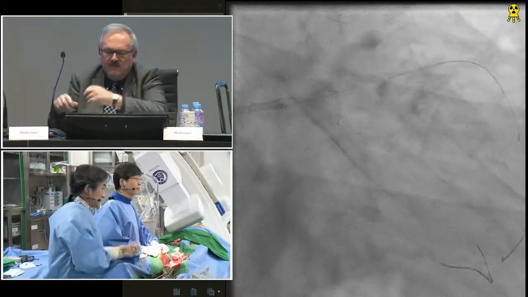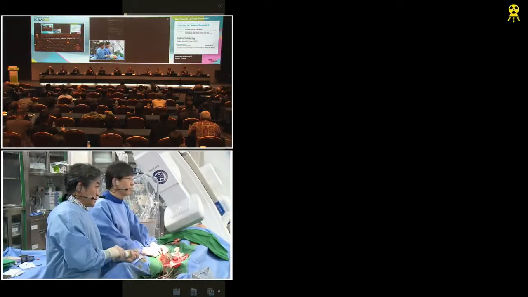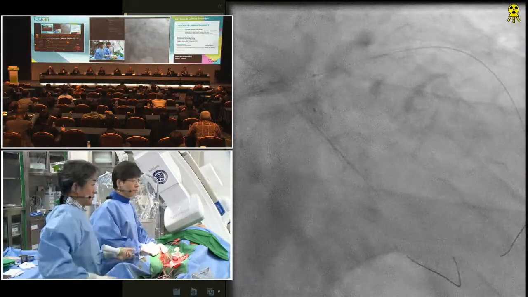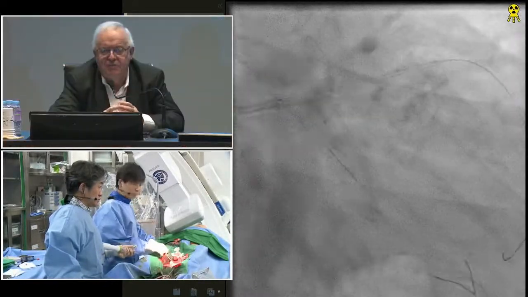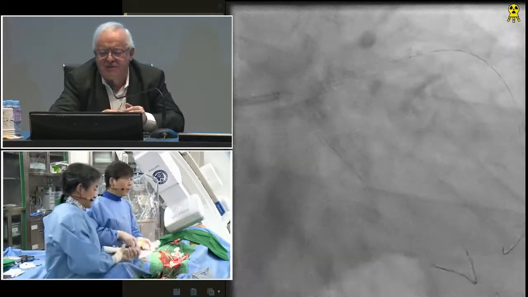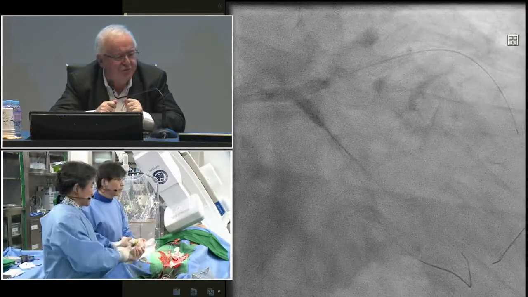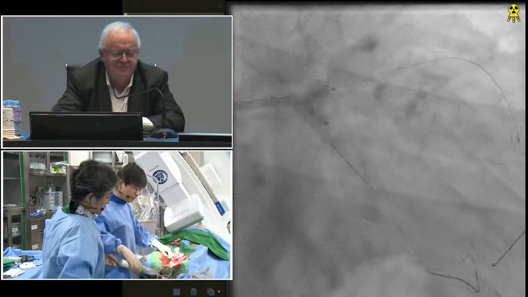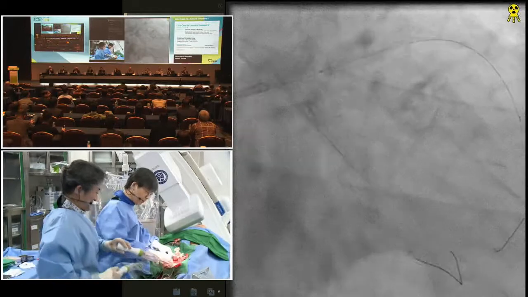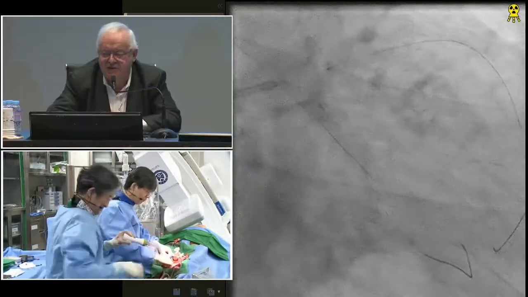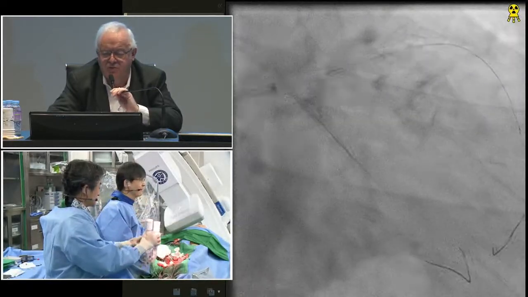We added to the long inflation that was suggested by our Japanese colleague already a few years ago the fact that a stent is very easy to deploy. Even at 5 atmospheres, you can deploy a stent. But what was shown by Dr. Finney was that you cannot reach the nominal diameter before the third inflation. So it's recommended to do 3 inflations to have a full balloon inflation. It's not published, so I cannot show it. You cannot find this data except on the bifurc.net website. You will find it by Dr. Finney.